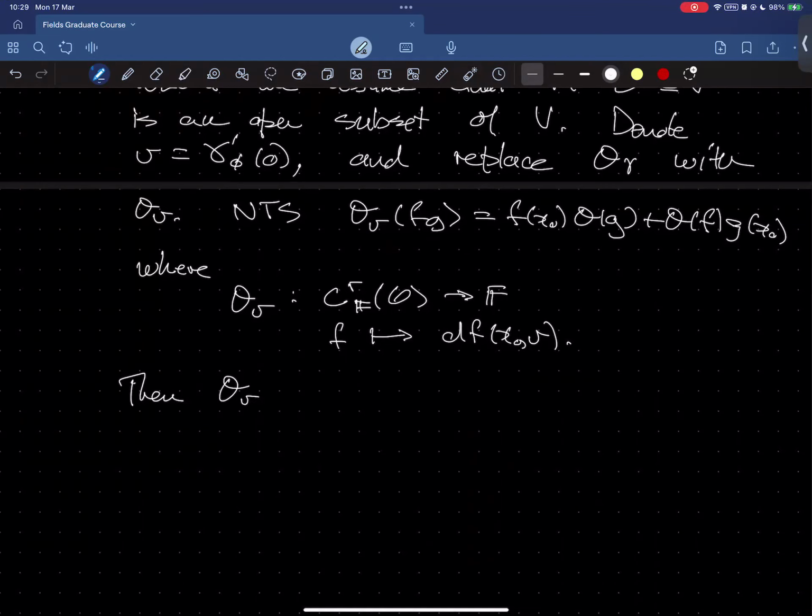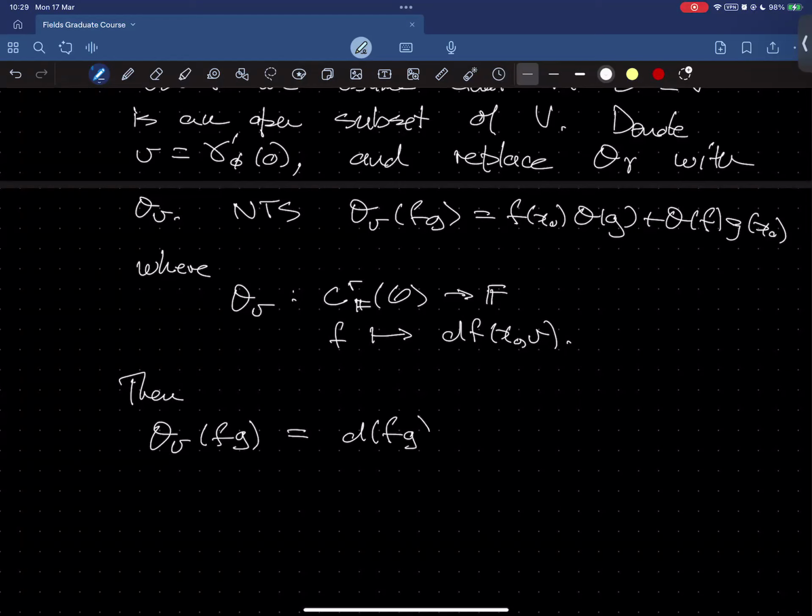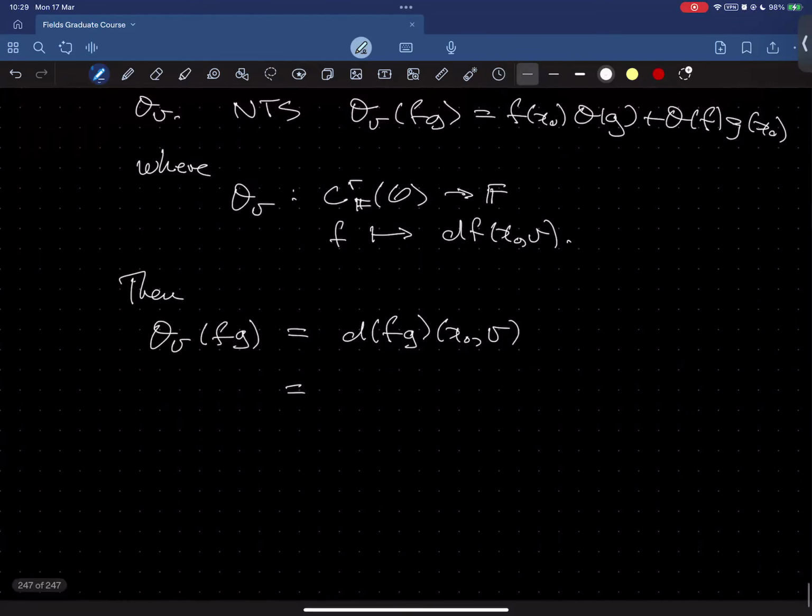All right, so then theta V of FG. Okay, so by definition, it's d FG at x naught V. That's its definition. Okay.